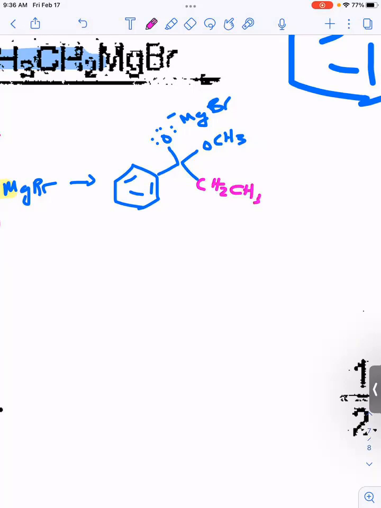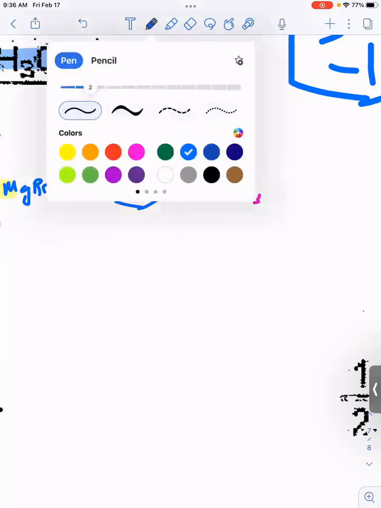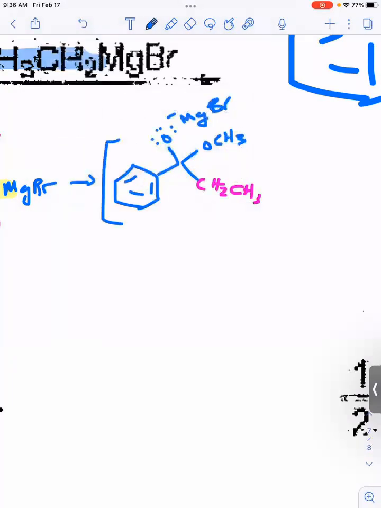Is that right? Right, I always get this tetrahedral intermediate. Always. So that's with 1 mole of ester. I'm sorry, 1 mole of Grignard added to the ester.